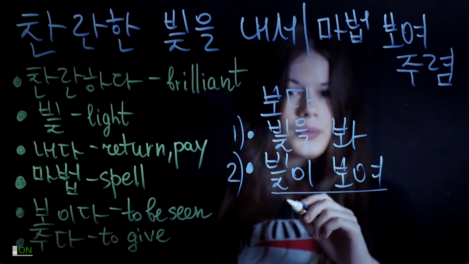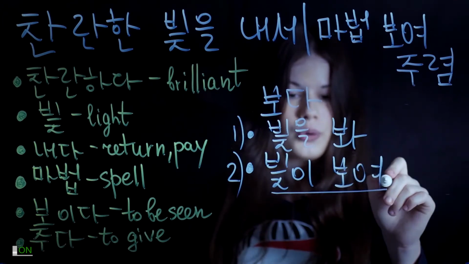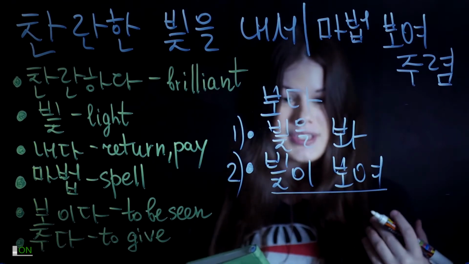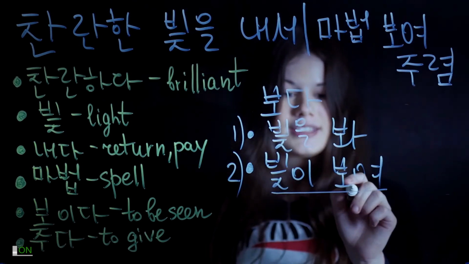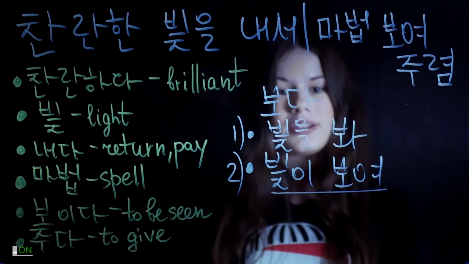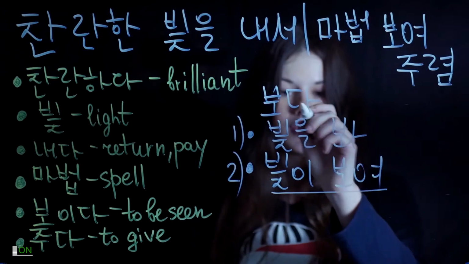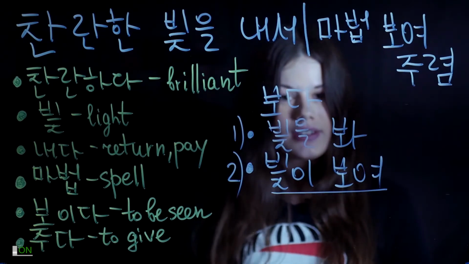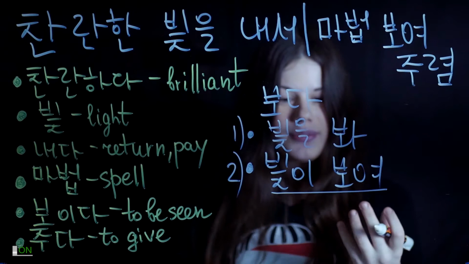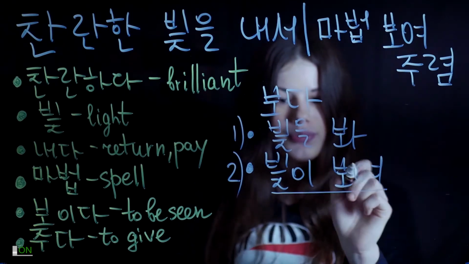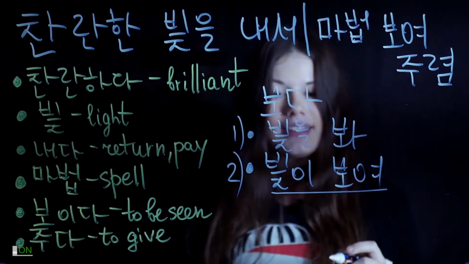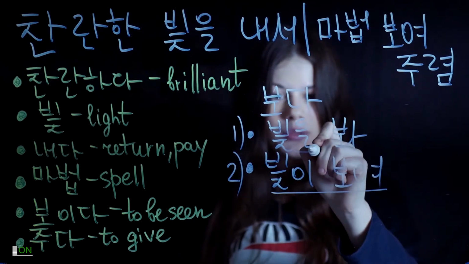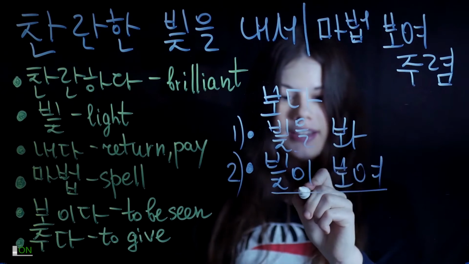But actually, we can translate 보여, even though it is a passive verb, as I see the light, like a normal, regular verb. So these two sentences could be translated the same into English, but of course they have a slight difference, this nuance of the passive verb here. And as you can see, I attached different particles here. This one is the object particle and 이/가.